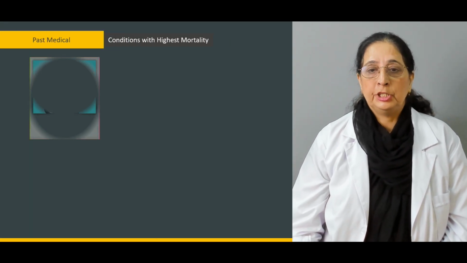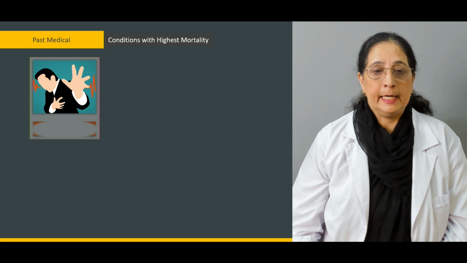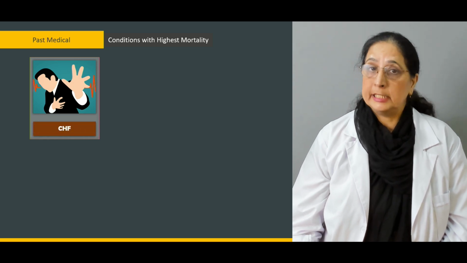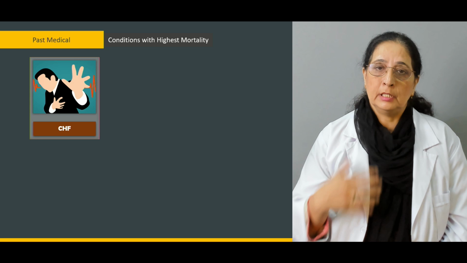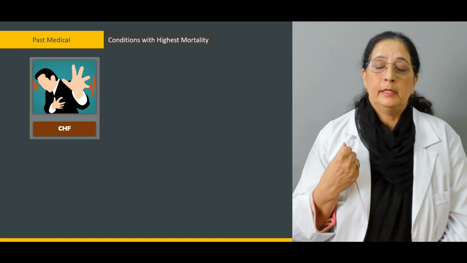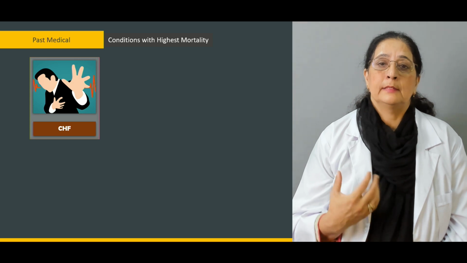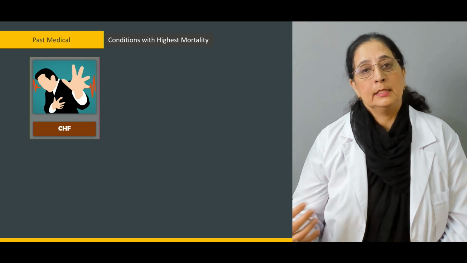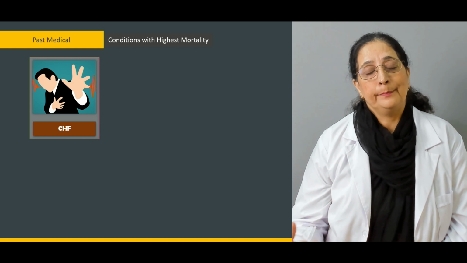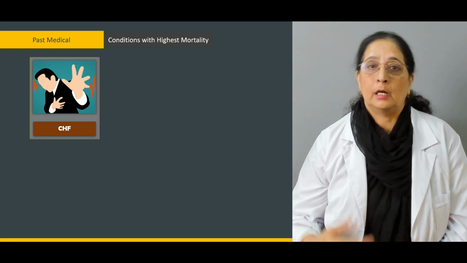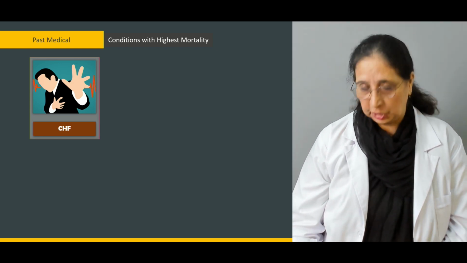Some other conditions with high mortality: if there is congestive heart failure, the heart's ability to pump is not good enough, and if there is hypotension and volume depletion, there is more pressure on the heart, and it can aggravate the condition.